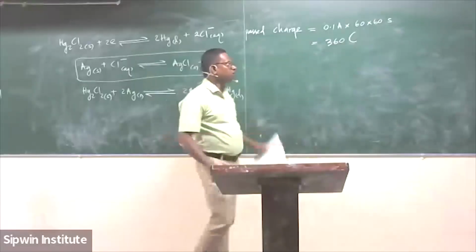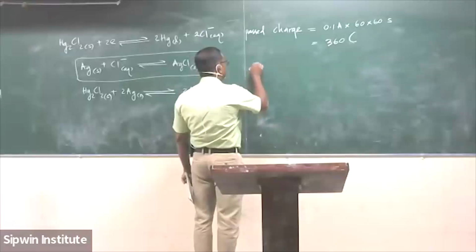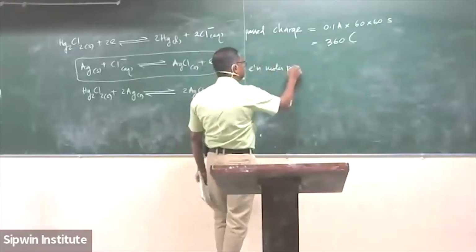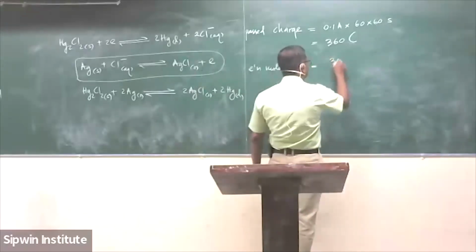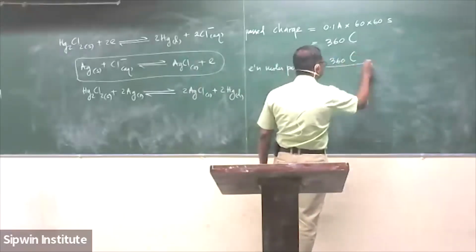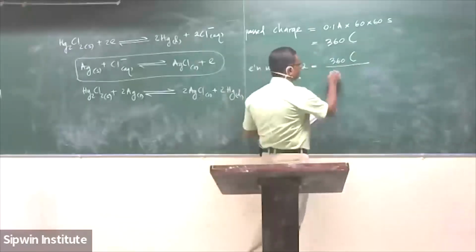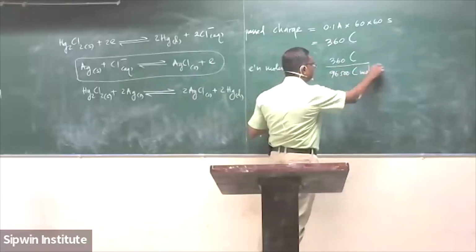How many moles of electrons passed? 360 coulombs divided by 96,500 coulombs per mole.